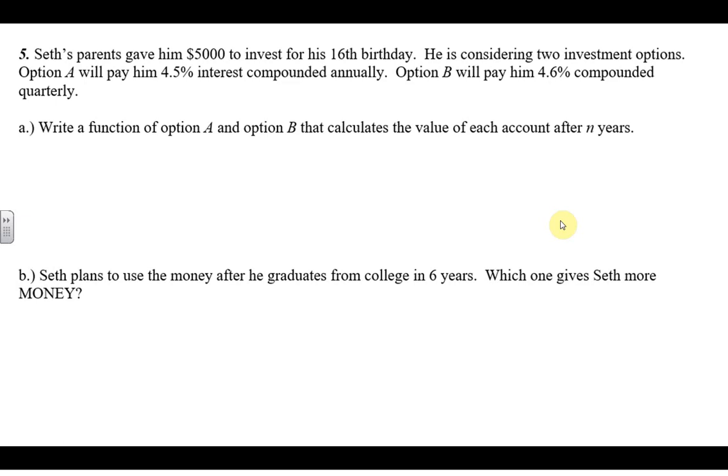Seth is a very lucky young man whose parents gave him $5,000 to invest for his 16th birthday. He's got 2 investment options. One's at 4.5% interest, and the other one's at 4.6% interest. But they're compounded differently. The first is compounded annually, so remember that's matching, whereas the second is compounded quarterly, so that's when we need to use the other formula.